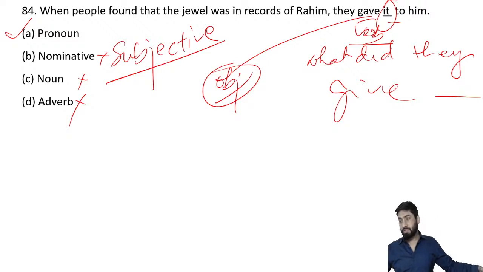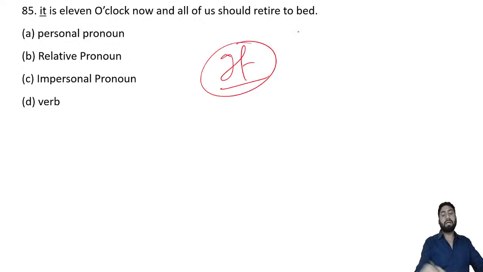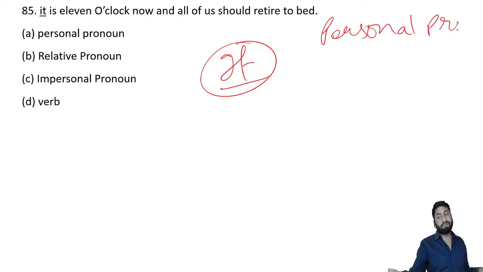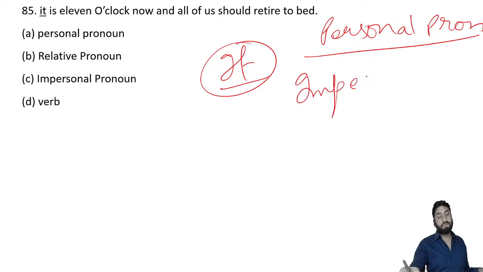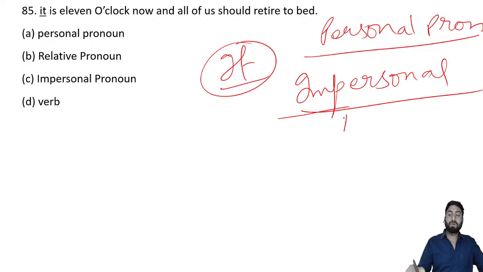Now let's move to the next one. 85. It is 11 o'clock now and all of us should retire to bed. So 85, let's talk about that. So it is 11 o'clock. It के nature के बारे में हम सबको पता है. What is personal pronoun? What is impersonal pronoun? We know that, right? So when it is used not for a person, in that case it becomes an impersonal pronoun, right?